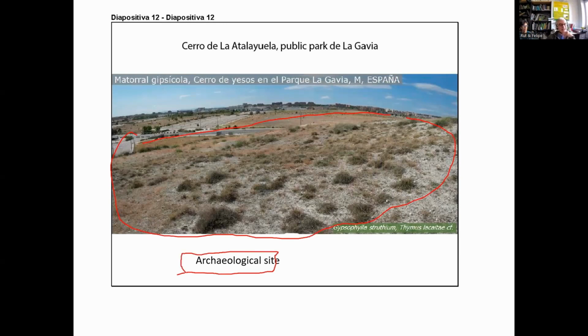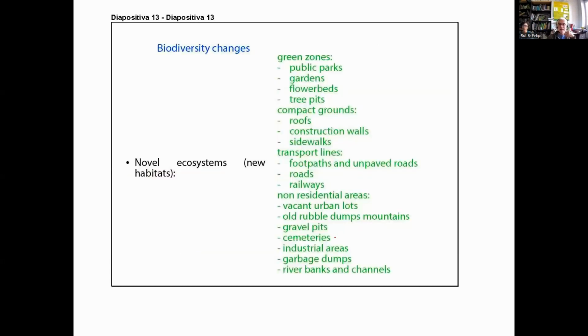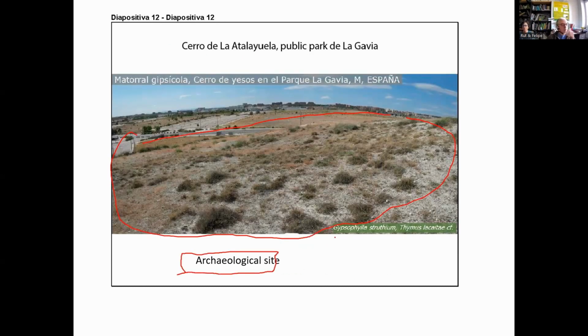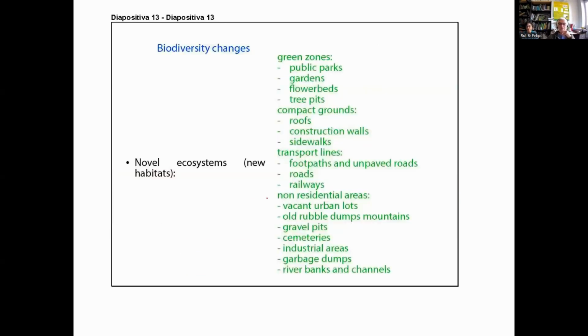Just because of that it's protected, not because of the plants but because of the cultural value of this site. We can find other places with remnant vegetation in the city, which is usually woodlands, but also this type of vegetation.